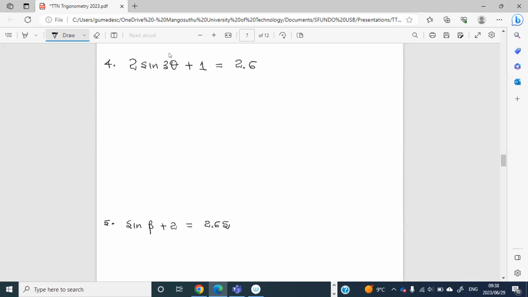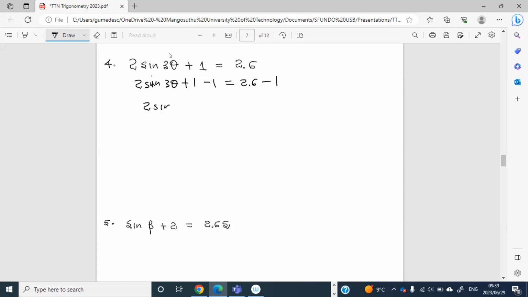So when you subtract 1 both sides, this will be 2 sine 3 theta, because there's this 1, then there's minus 1 that you are going to put on 2.6 minus 1. In some cases, they say you just take it to that side and transpose, but it's the same as saying we're subtracting it both sides.